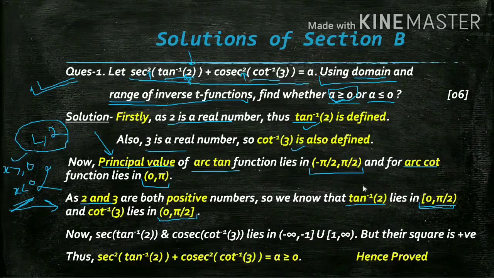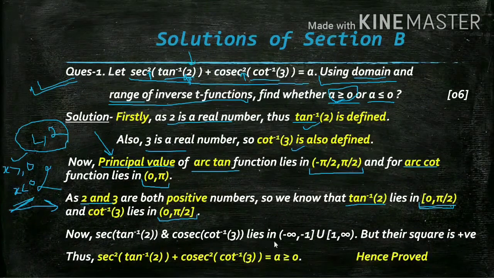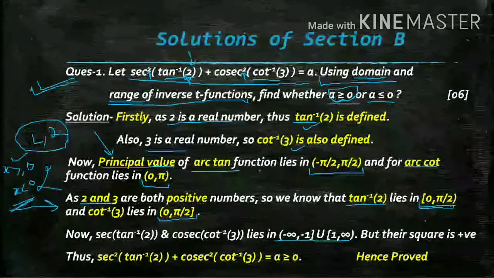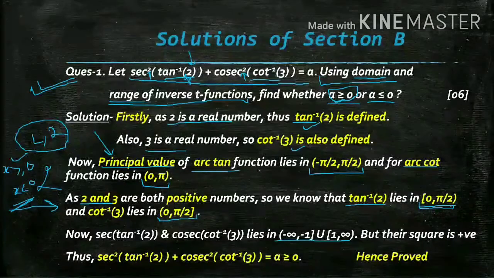So sec of this function, or here cosec of this function, whose range is this, it would always lie in this, because this is basically the range for the sec and cosec function, less than or equal to minus 1, greater than or equal to 1, right? And which is nothing but the domain for the inverse sec and cosec function, right?